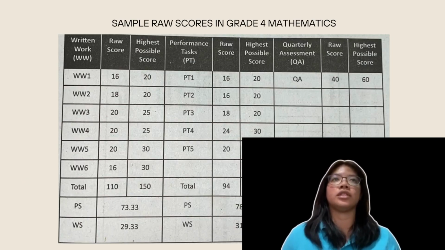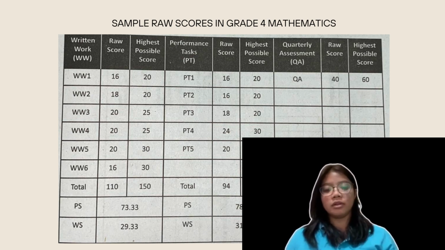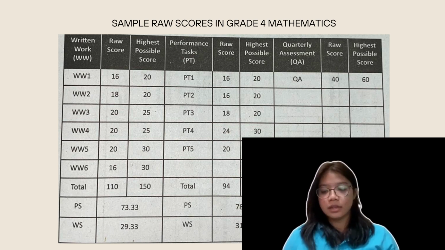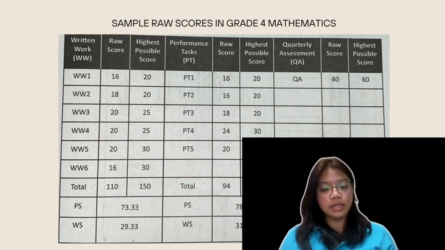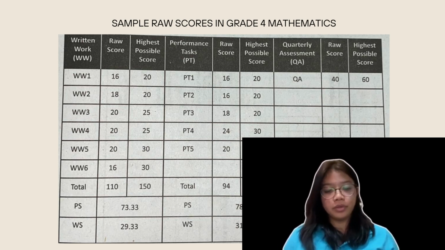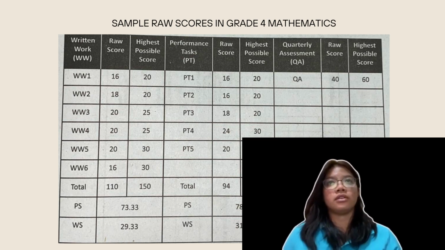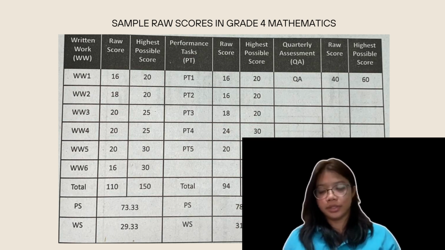Sample raw scores in grade 4 mathematics. This table also gives us the raw score of every student in their mathematics subject. Before we compute the final grade, we need to compute these raw scores.